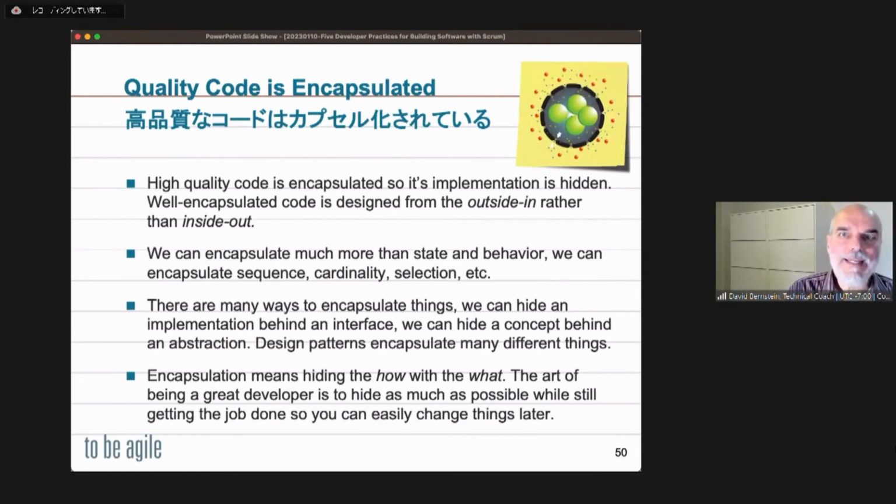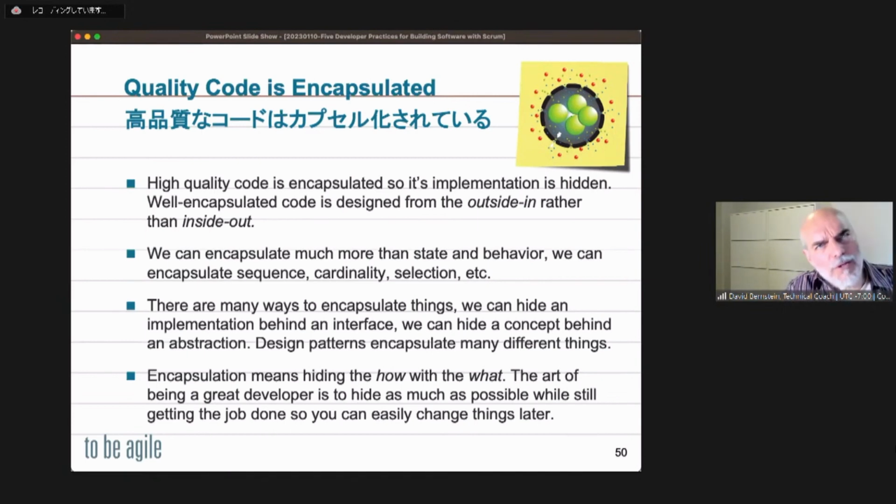The third code quality, encapsulation, the idea of hiding and having an inside versus an outside for objects. And there are many different ways that we can encapsulate, not just making our data or behavior private. We can hide concepts behind abstractions. We can hide behavior behind interfaces. I teach design patterns, and the way I teach them is that each pattern encapsulates something different.